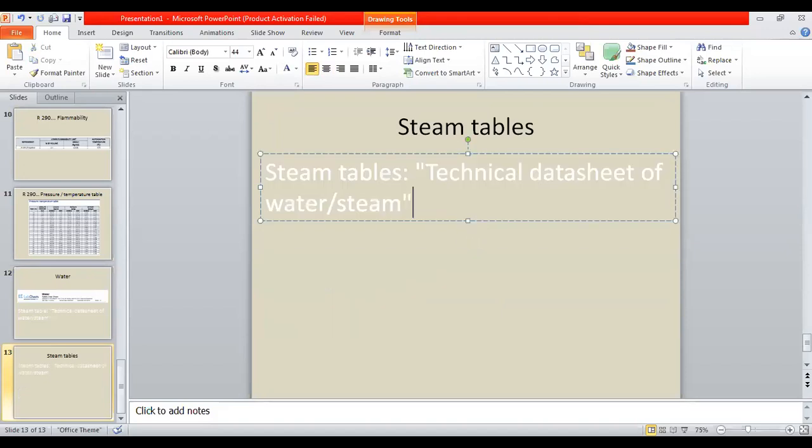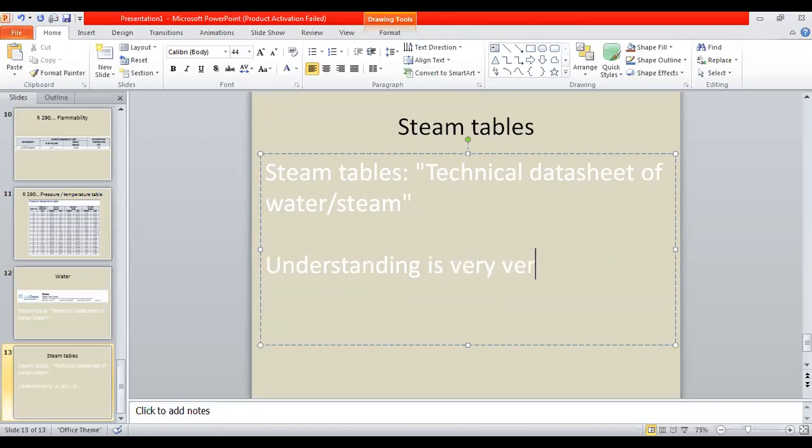Understanding this is very important, because if you don't understand this, you cannot really work with water and steam in engineering and technology applications.